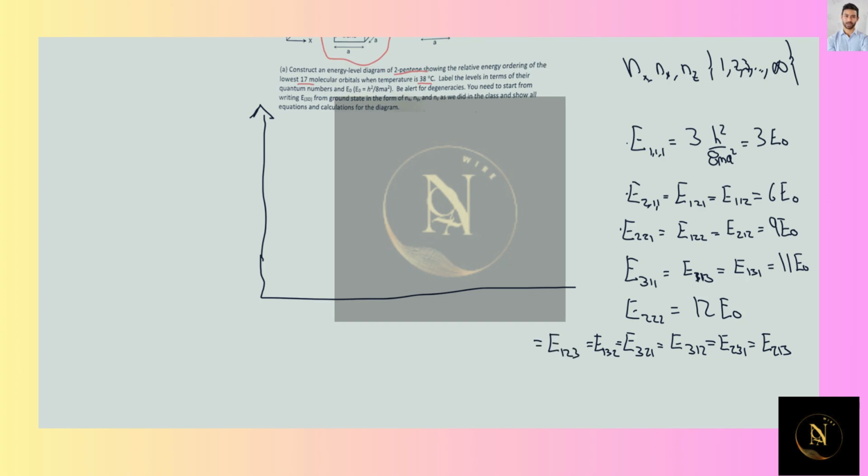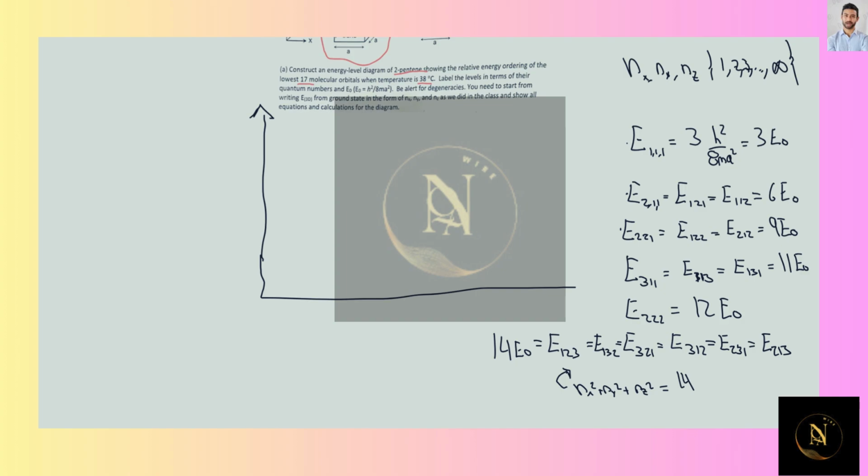All of these states are equal to 14 times E0. Notice that if I take nx squared plus ny squared plus nz squared for all of these combinations, they are equal to 14.